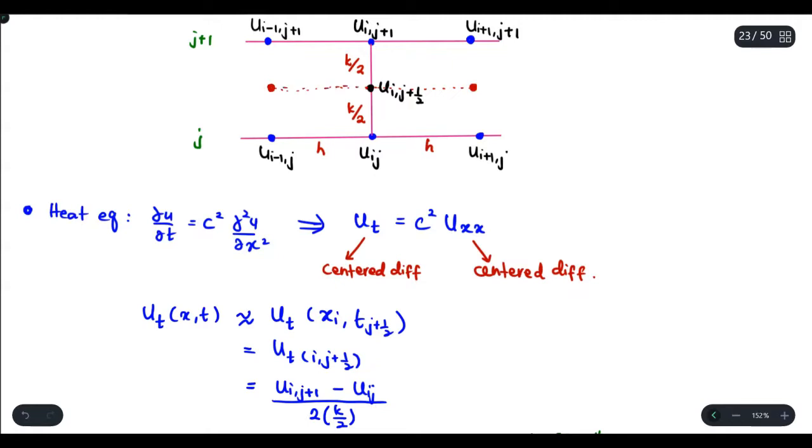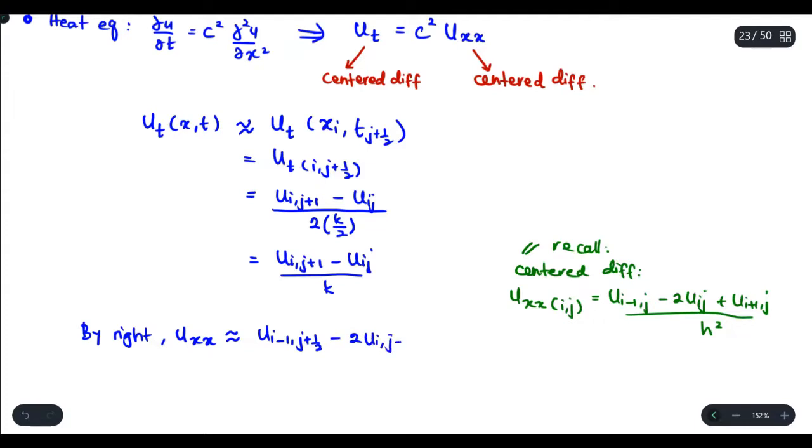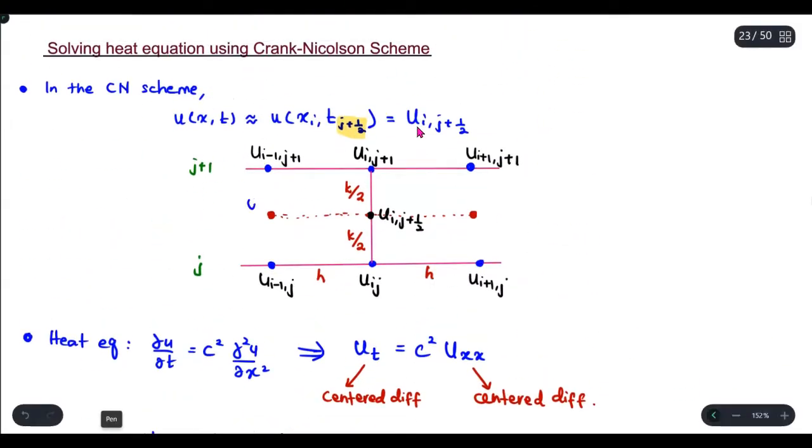So by right, the u_xx is supposed to be u_(i-1,j+1/2) minus 2u_(i,j+1/2) plus u_(i+1,j+1/2) over h squared, because u_xx here you approximate at (i, j+1/2). So you are using this node here, u_(i-1,j+1/2), and the right node here, u_(i+1,j+1/2), to get the second derivative evaluated at this point.